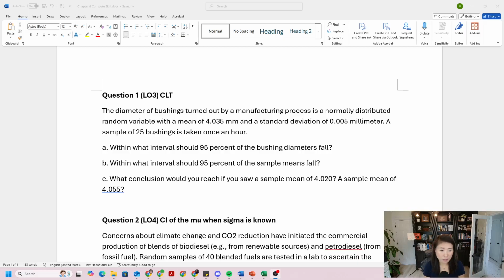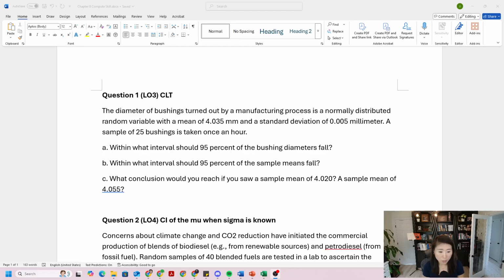The diameter of the bushings turned out by a manufacturing process is a normally distributed random variable with a mean of 4.035 millimeter and a standard deviation of 0.005 millimeter. A sample of 25 bushings is taken once an hour. First, within what interval should 95% of the bushing diameters fall?